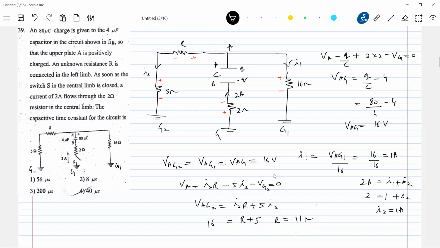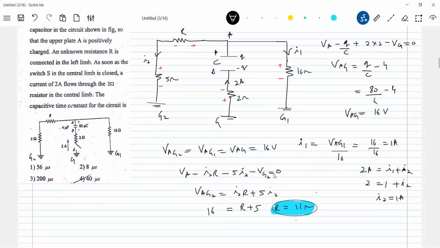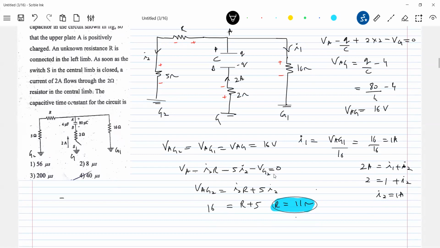What was asked about the time constant? What is the method of getting the time constant here? Across the terminals AB, we need the effective resistance as seen by the capacitor. That's the best available method for us. We know the resistor R, here are the terminals I'll call AB, and this is 2 ohm.